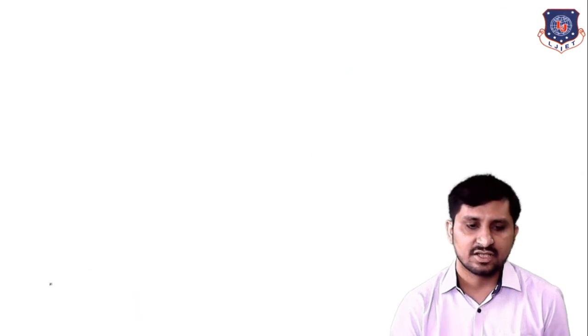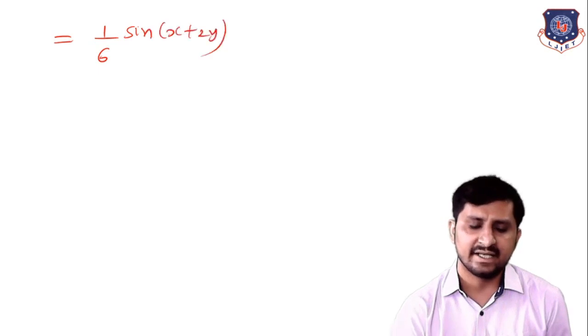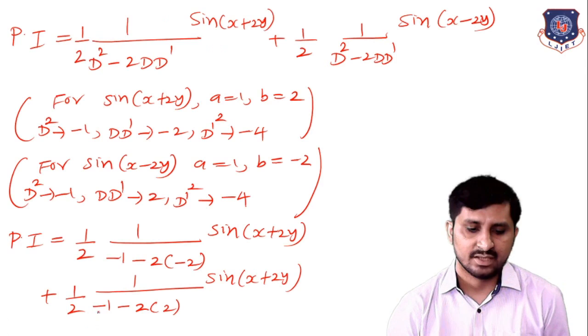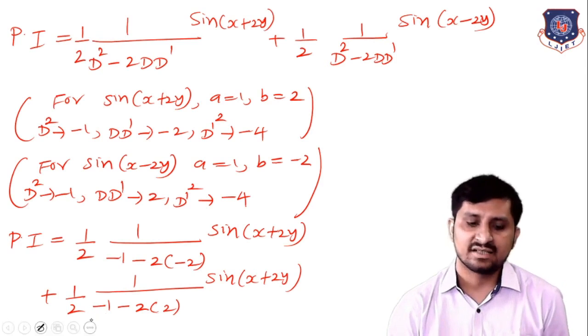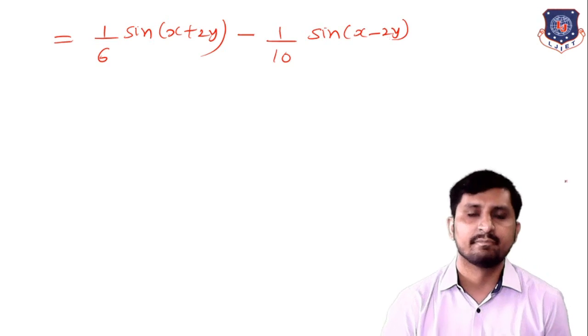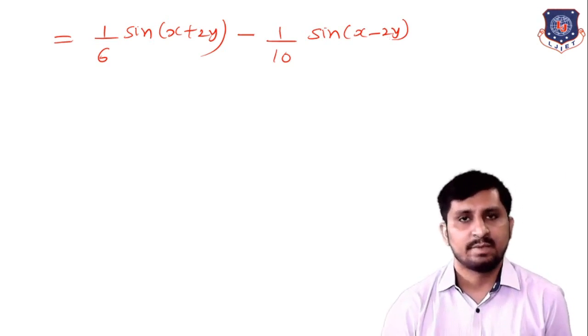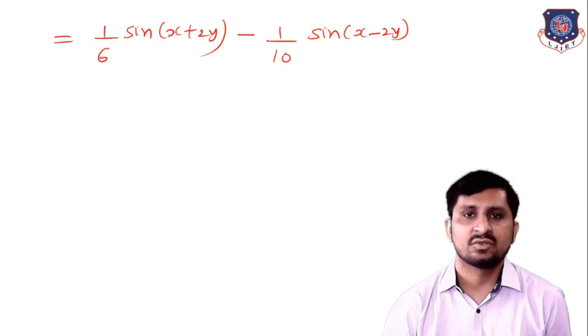So the first term is 1 by 6 sin(x plus 2y). And the second term: minus 1 minus 4, that is minus 5 into 2, minus 10. So the second term is minus 1 by 10 sin(x minus 2y). So this is my particular integral. And as you all know, the general solution is complementary function plus particular integral, so just write it down.